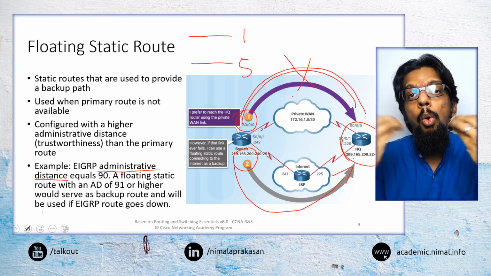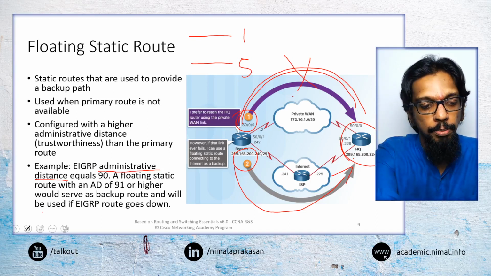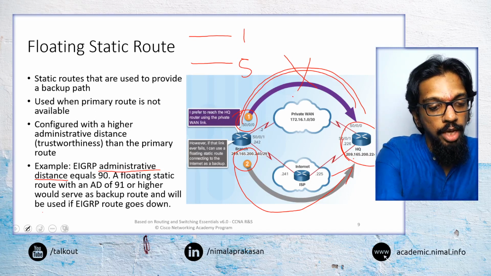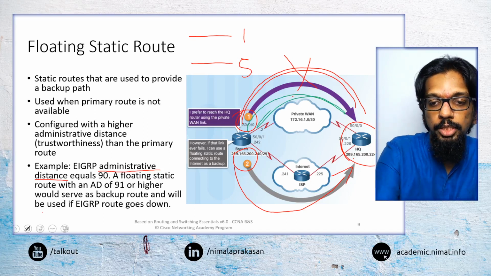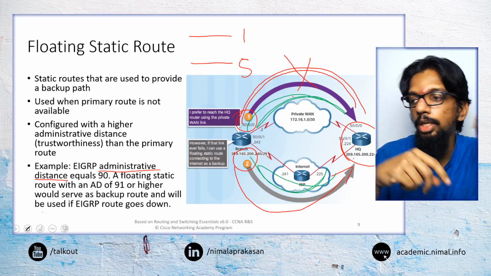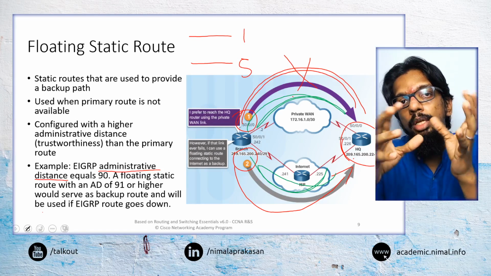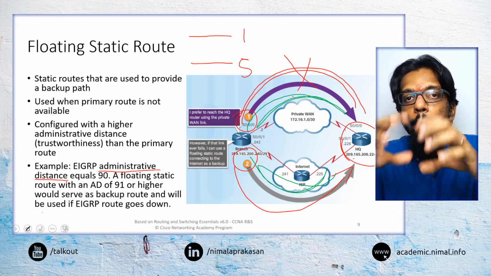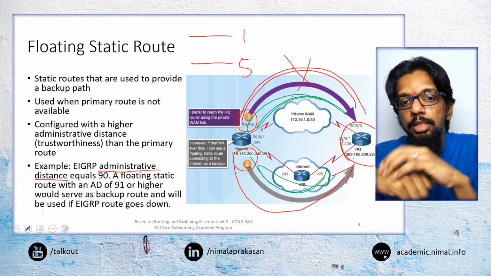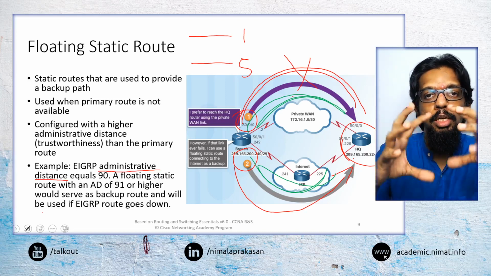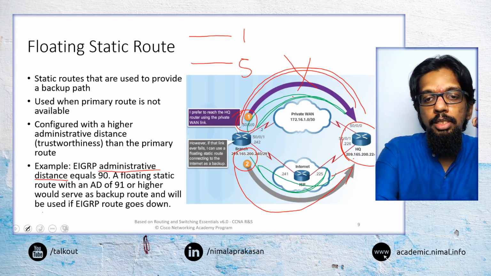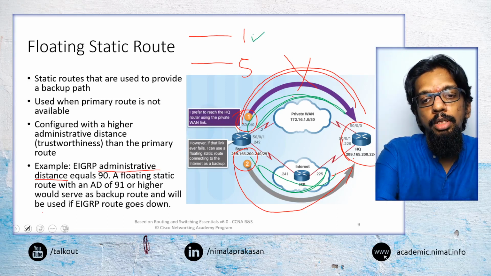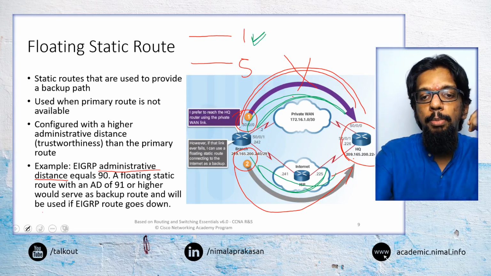Maybe even sometimes the cost of the network, because for example, one of the networks that we have could be more expensive than the other one. So in that case, we may want to use the least expensive link most of the time, so we'll prioritize that. In terms of administrative distances, the priority will be given to the entry that has the lowest number.